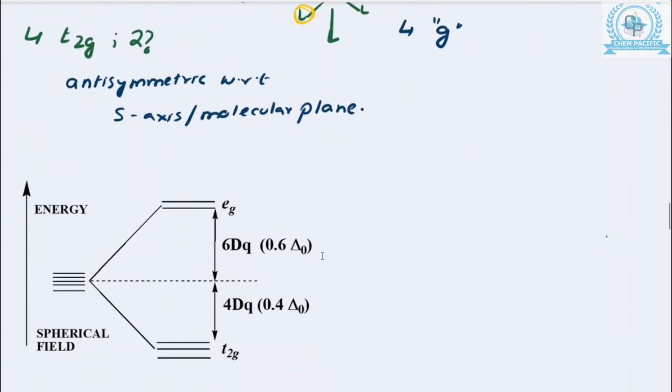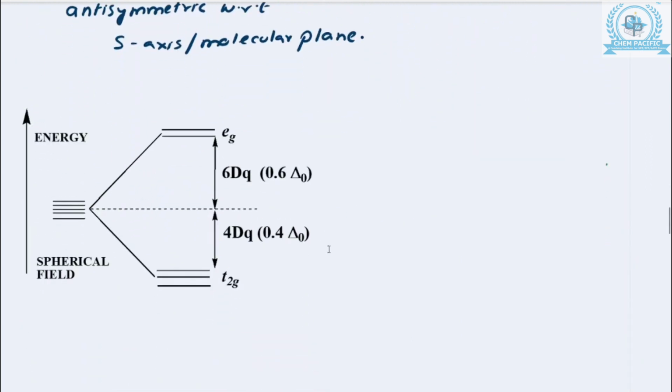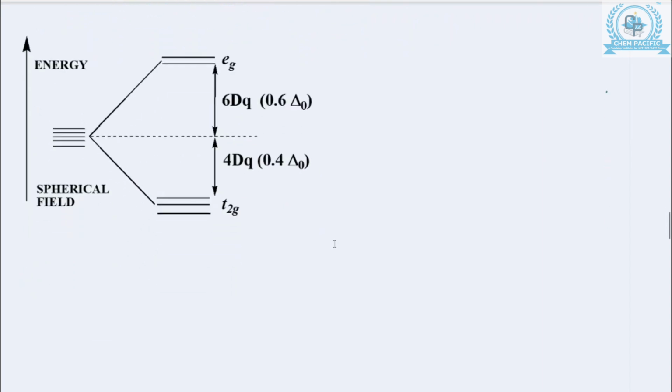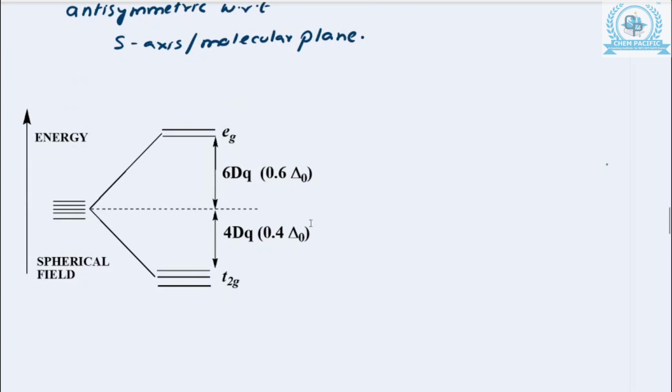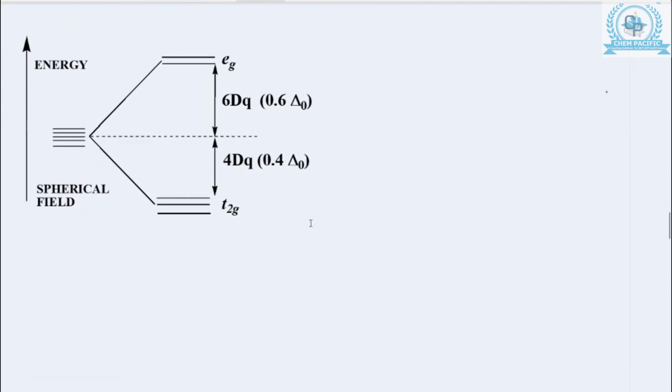Now let's understand the d-orbital splitting in the octahedral field. Now here the unit given is Dq, so you must be knowing that 1 Delta o is equal to 10 Dq. Now, if you look at an octahedral field, this is your octahedral field.